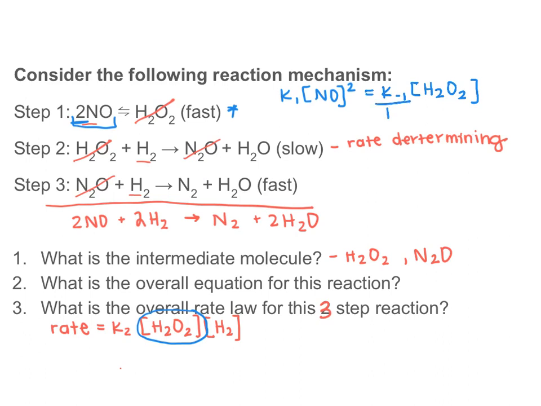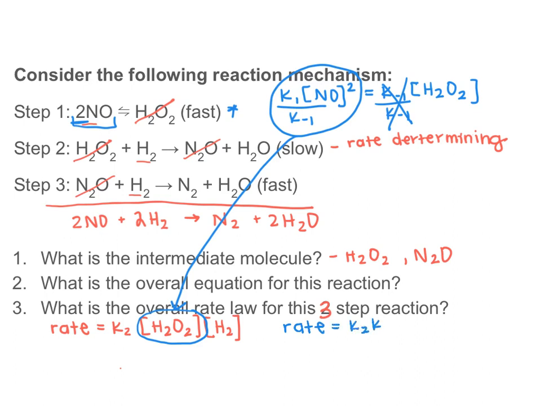So I'm going to divide by the K minus 1. Cancels here. And so I'm going to plug this whole piece into my rate law down here. So I end up with the rate equals K2, K1 over K minus 1, NO squared, and then don't forget that H2.